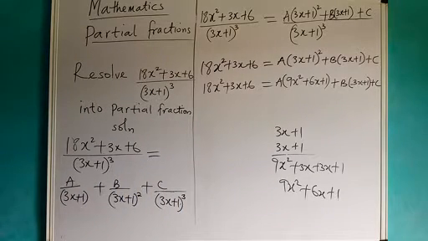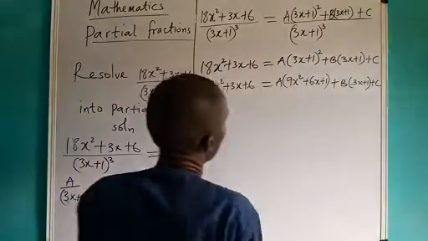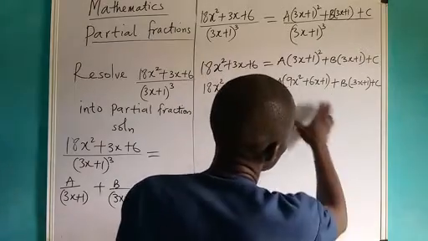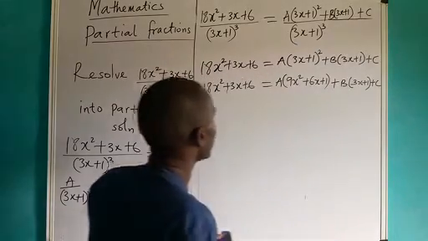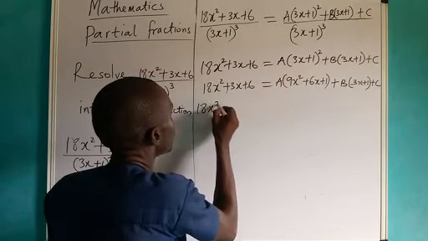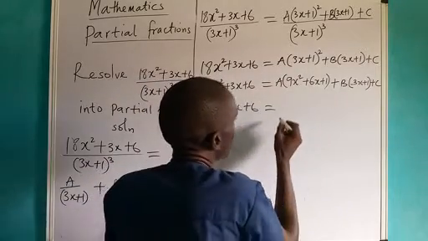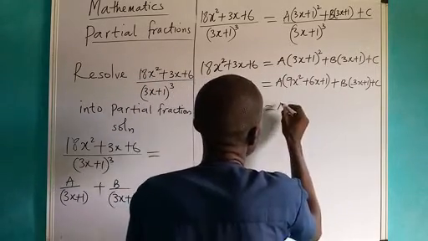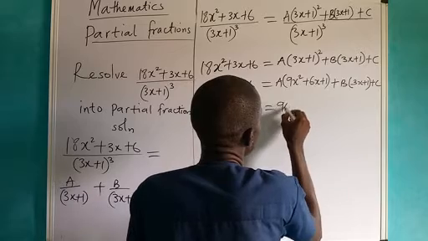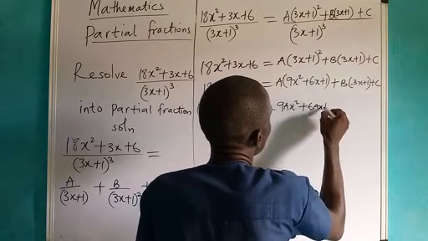To solve this one, what can we do? We simply open the bracket for the right hand side, while the left hand side still remains. It means that 18s squared plus 3s plus 6 equals, opening the bracket, a times the expansion gives 9as squared plus 6as plus a.